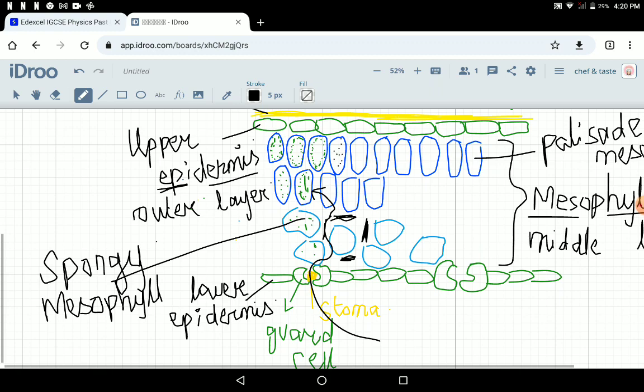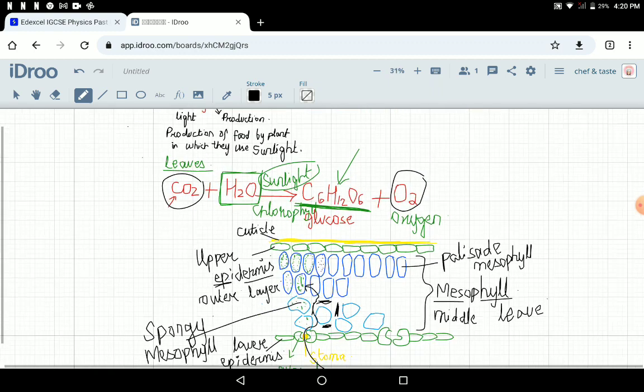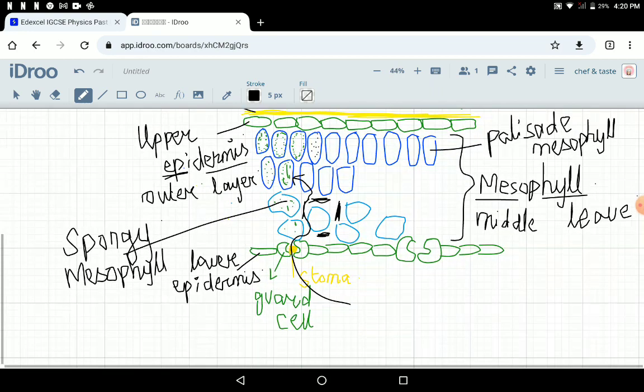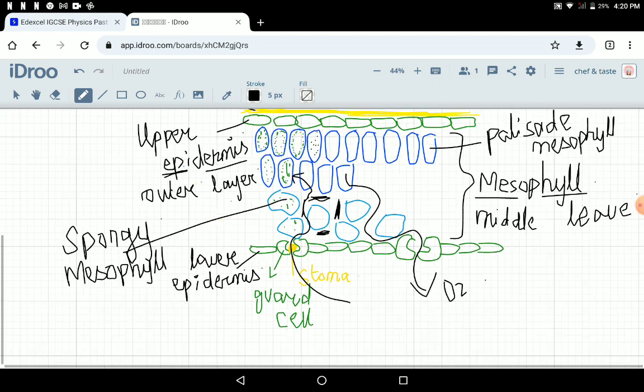When oxygen is produced as a byproduct of photosynthesis, it travels through this path and comes out. Usually the majority of the oxygen produced will not be released by the plant. They will keep it and use it for respiration. We will discuss respiration in detail when we continue our classes.